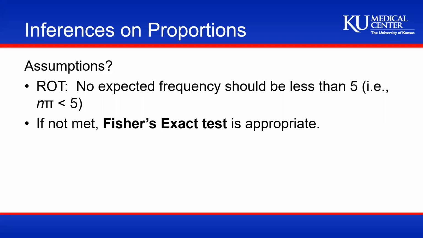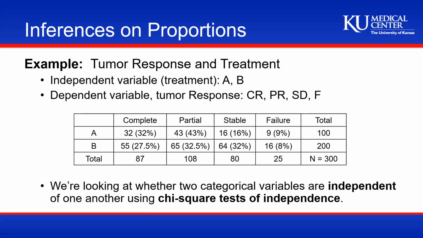The assumptions for this, again, we're getting this data in the form of a contingency table. We have 300 subjects, 100 received A, 200 received B, and we have the count of subjects of these 100 across all of the different outcomes achieved, and then the count of this 200 across all the outcomes achieved, and then the total on this last row is just the sum, the total number of complete responders, partial responders, stable, and failure.